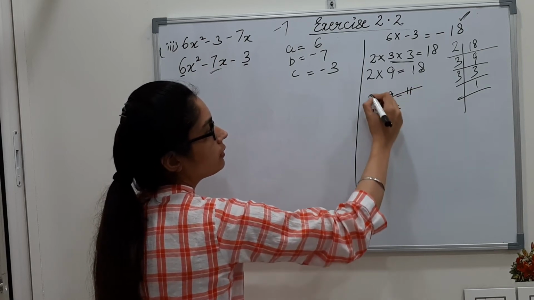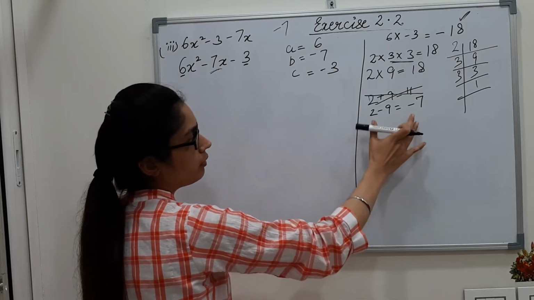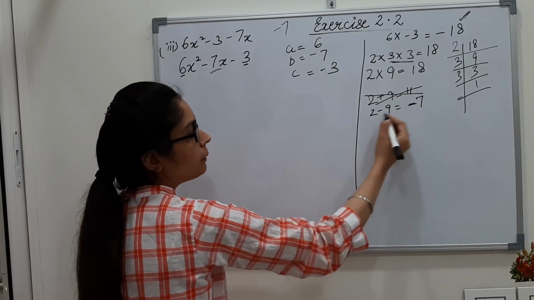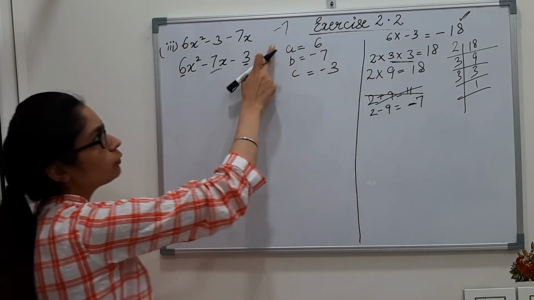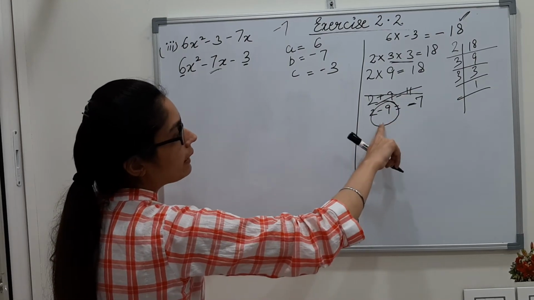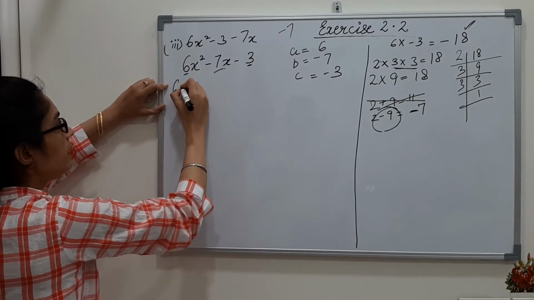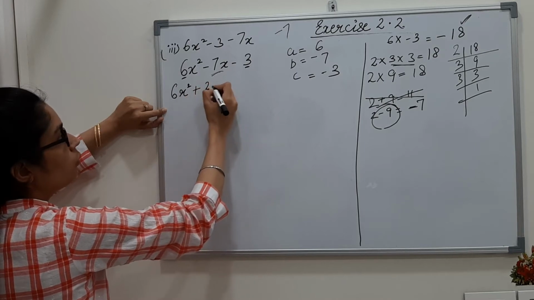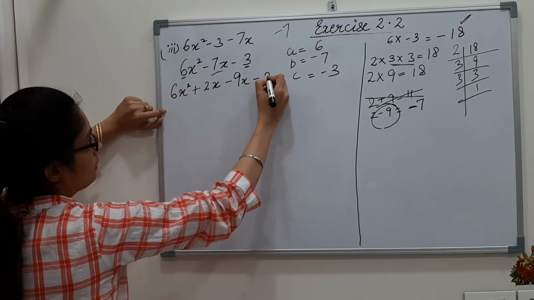So we cannot take this. 2 minus 9. Minus plus is minus. So we get minus 7. Because the sign will always be with the bigger number, and bigger number is 9. So 2 minus 9 will be equals to minus 7. That's what we need, minus 7. So we break minus 18 into minus 7 into 2 minus 9. 6x square, so minus 7, that is plus 2x, and minus 9x minus 3.